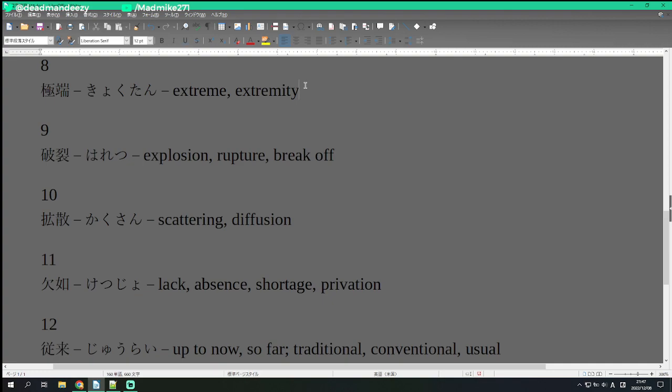Kyokutan is the extreme verge of something or an extremity of it.